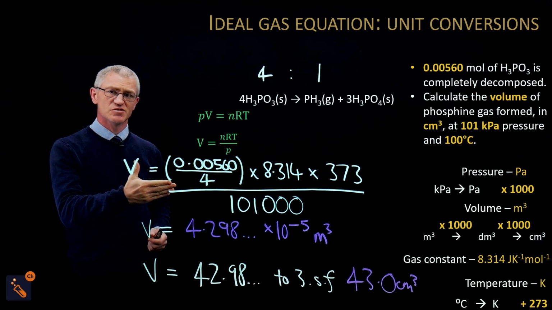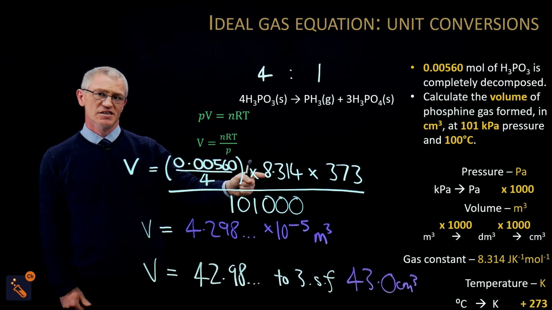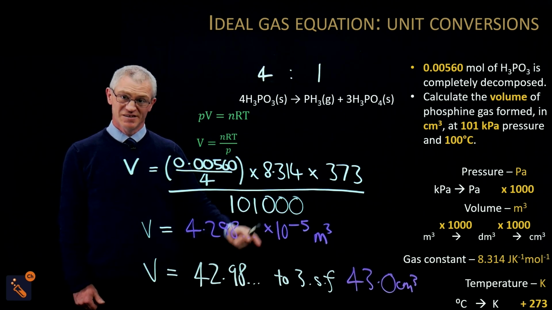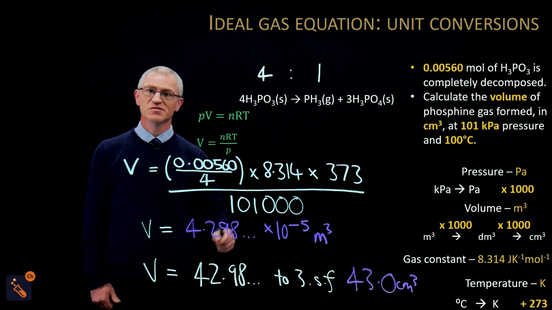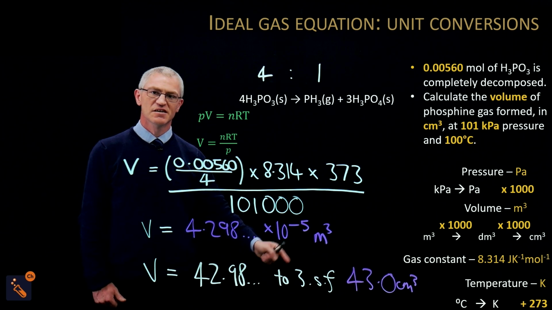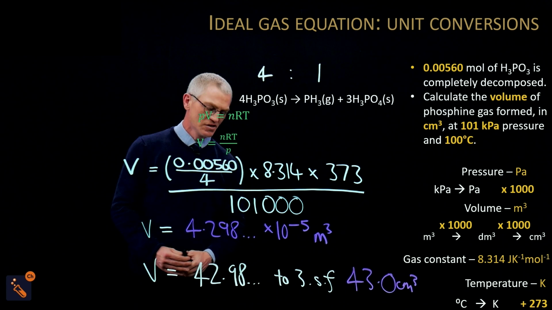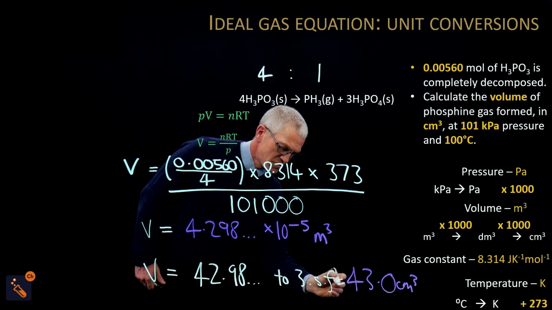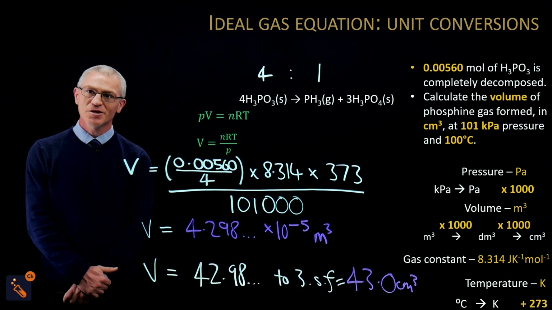We then use the balancing equation to turn it into the right number of moles, the gas constant, the temperature conversion, the pressure conversion, and then we created it in meters cubed, but the question wants it in centimeters cubed, so we times that by 1,000,000, we get 42.98, but to 3 significant figures, we're going to turn that into 43, and that means you end up with a final answer of 43 centimeters cubed.